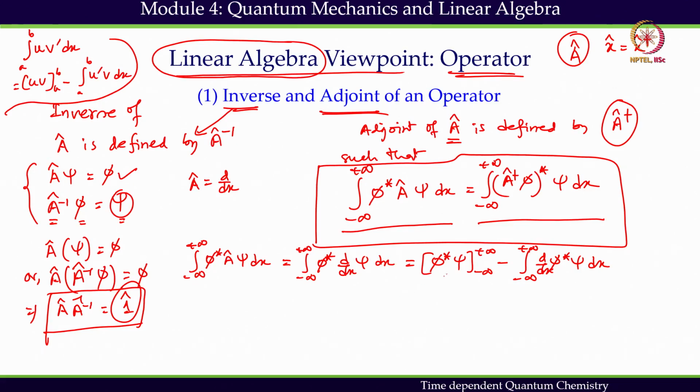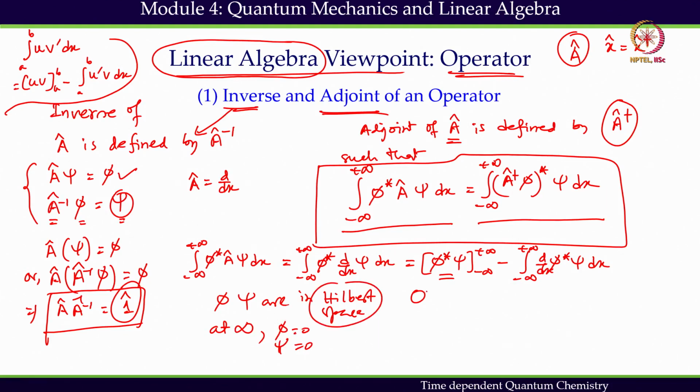Now this boundary part is going to be 0. Why? Because phi and psi are in Hilbert space, and if they are in Hilbert space, they have to be square normalizable. In order to be square normalizable, their values at infinity should be 0. This is all coming from the property of the Hilbert space. So this boundary part will be 0.